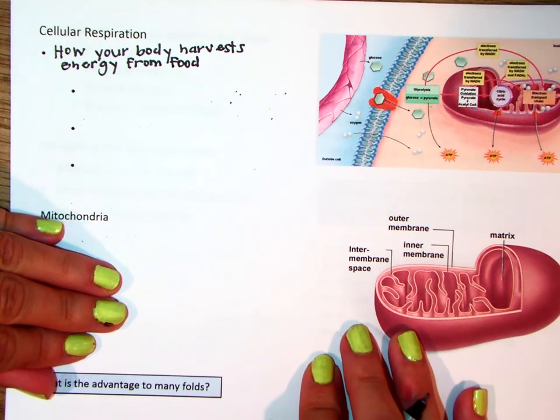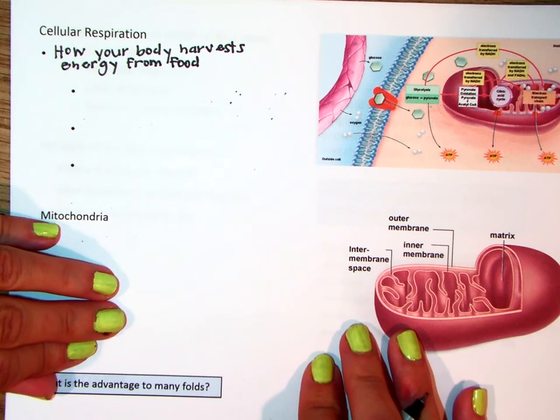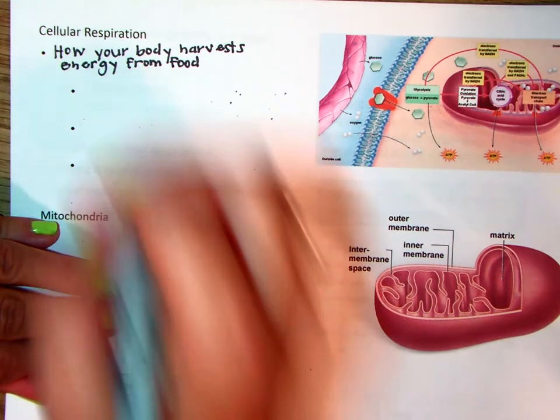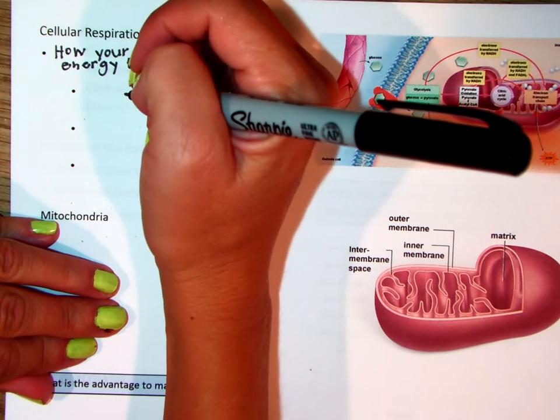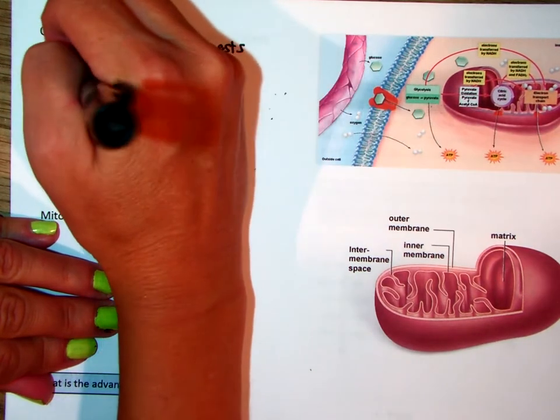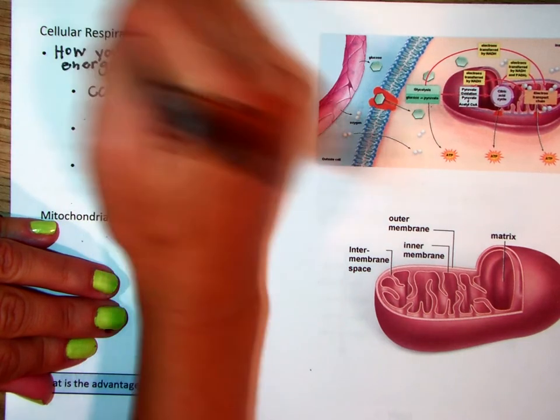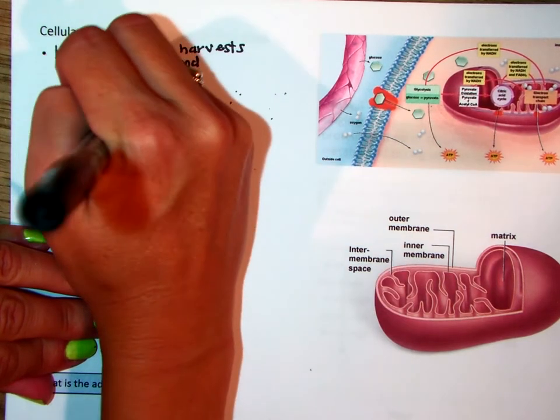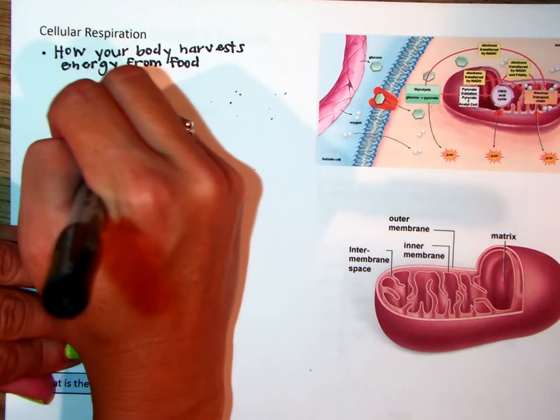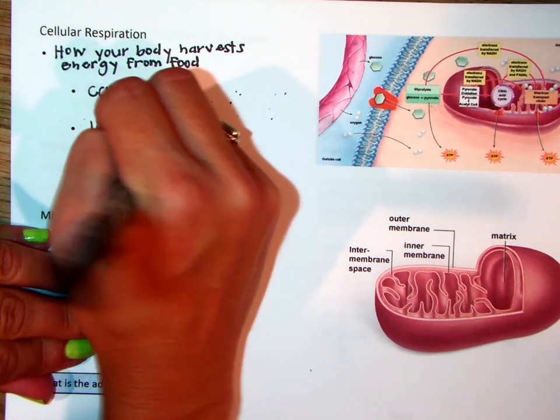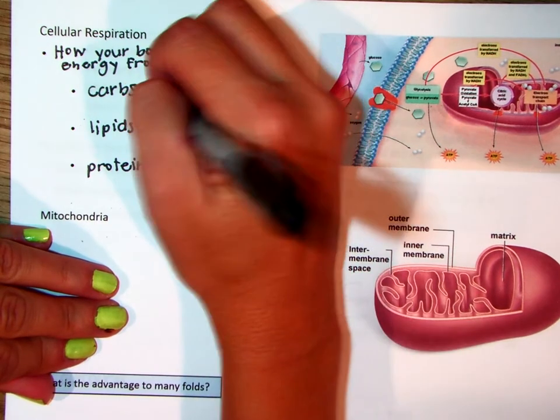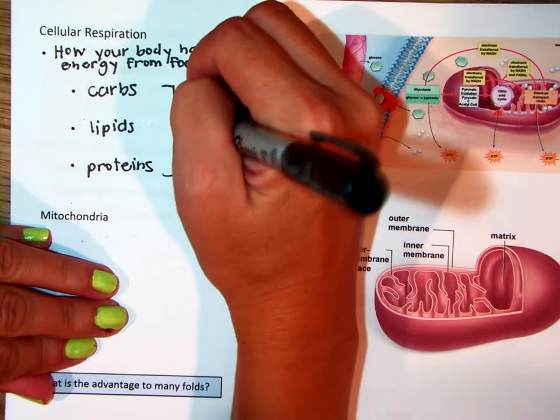So the reason you eat is because you need those glucose molecules and sometimes others, as you'll see, to be able to break them down to form ATP so your cells can do work. So that's why you eat. When we go over cellular respiration, we're typically looking at carbs. But keep in mind that lipids and proteins can do this as well. So they can all undergo cellular respiration.